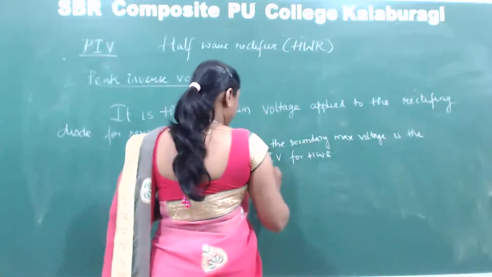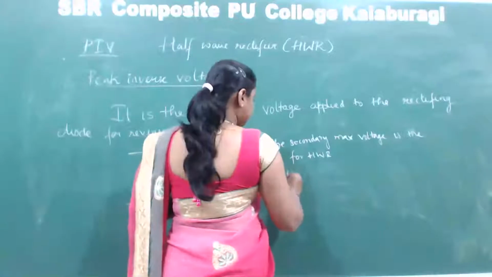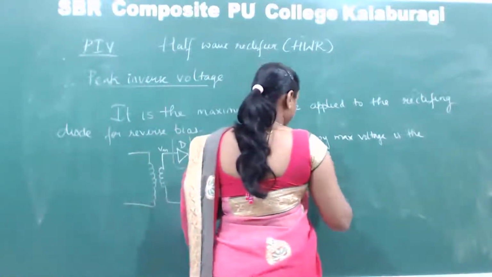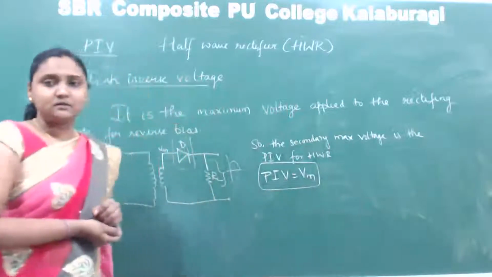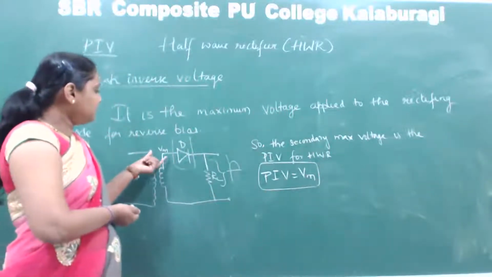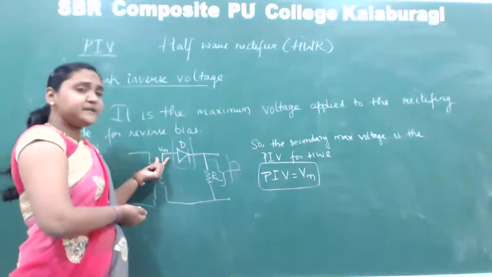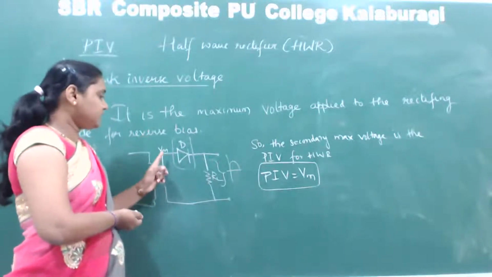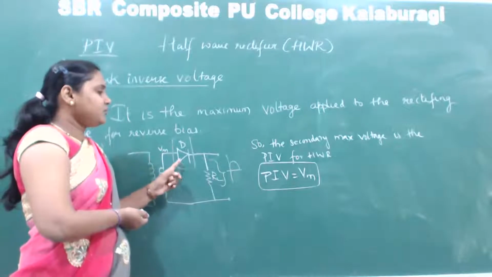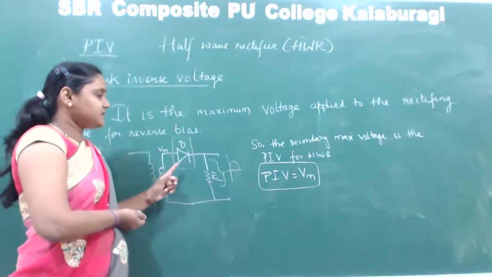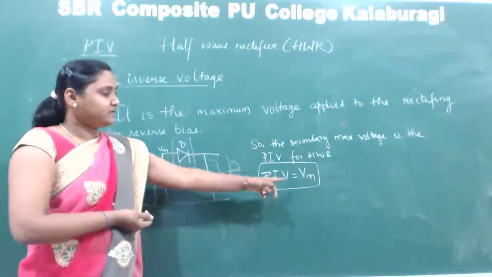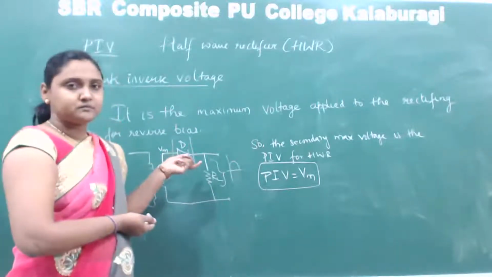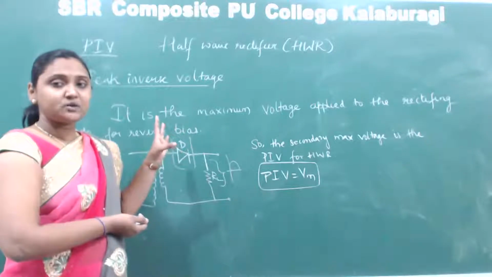So PIV is equal to Vm. Whatever the peak value of the secondary voltage Vm is, that is the maximum voltage applied to the diode under reverse bias condition. That's why Vm is equal to PIV. This is the maximum voltage that reaches the diode when it is not conducting.